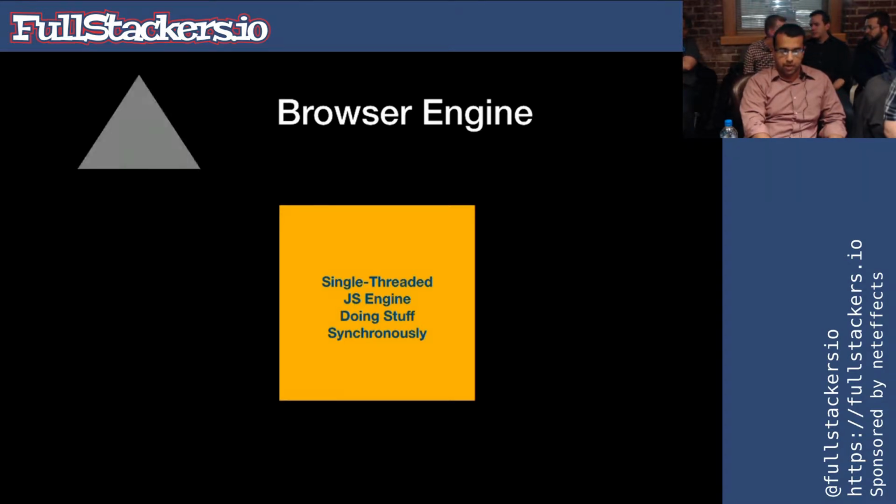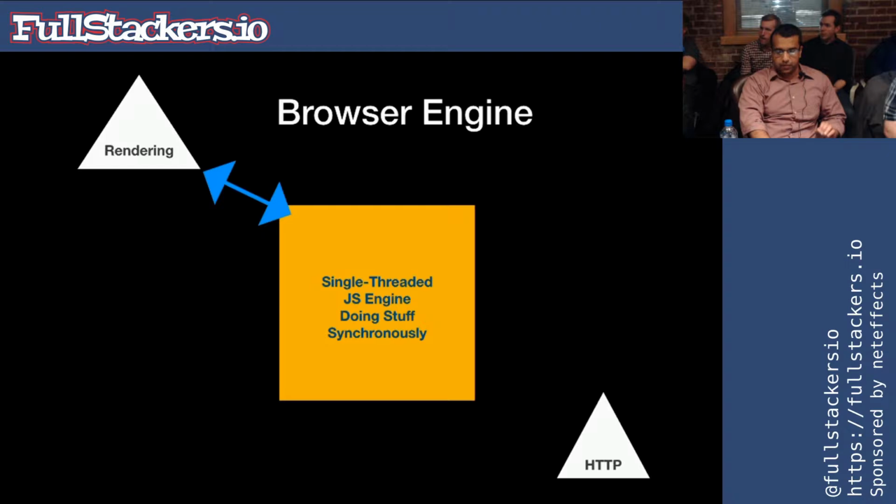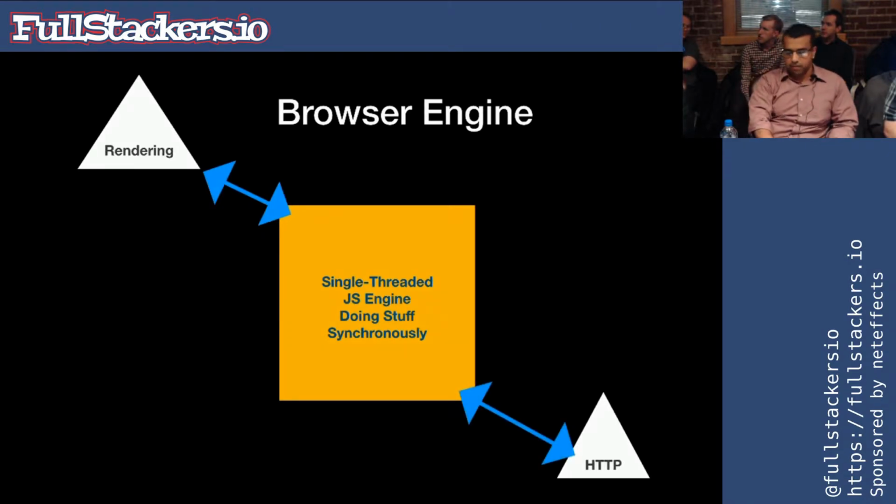Meanwhile, the browser is doing other tasks in an asynchronous environment. So rendering, like painting CSS and whatnot, HTTP requests that fire off and come back with some results. So this is all going on, but in the meanwhile, JavaScript in and of itself is in fact single-threaded. When I came to understand that, it began to make sense.